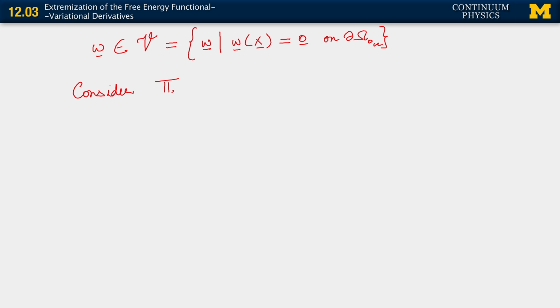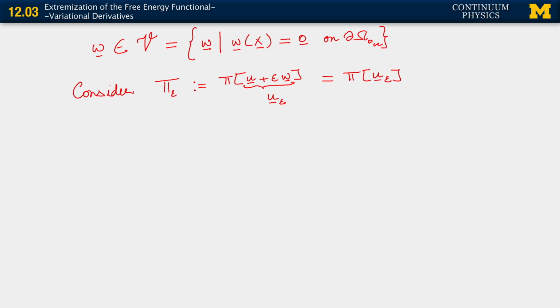I will denote it as pi sub epsilon, which is defined as pi evaluated not with U, but with U plus epsilon W. And for brevity, I will also use the notation U sub epsilon for the variation added to U. So equivalently, this is just pi evaluated not with U, but with U sub epsilon.